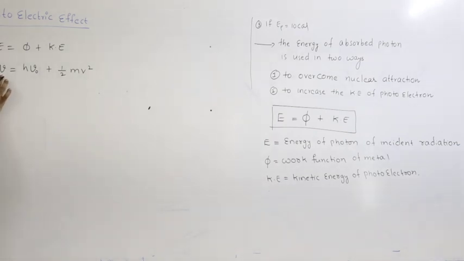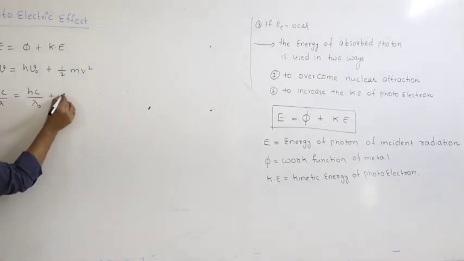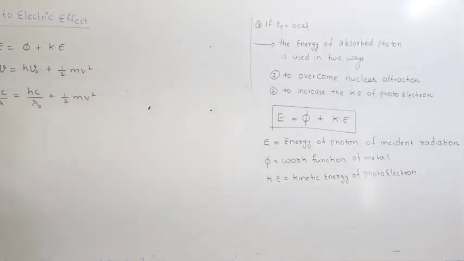How do you calculate frequency when wavelength is given? hc by lambda. hc by lambda naught. Frequency of incident radiation, threshold frequency, mass of electron, velocity of electron.